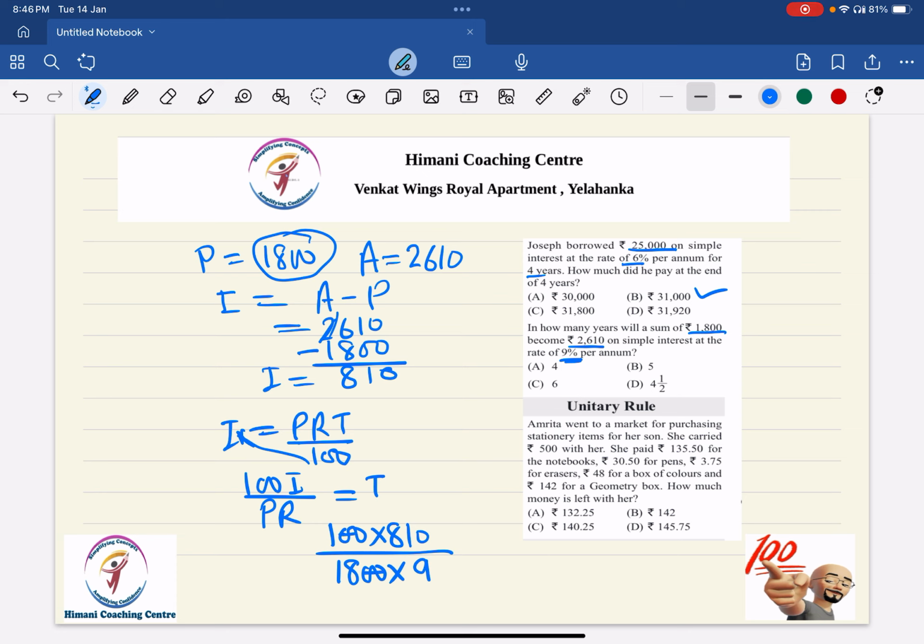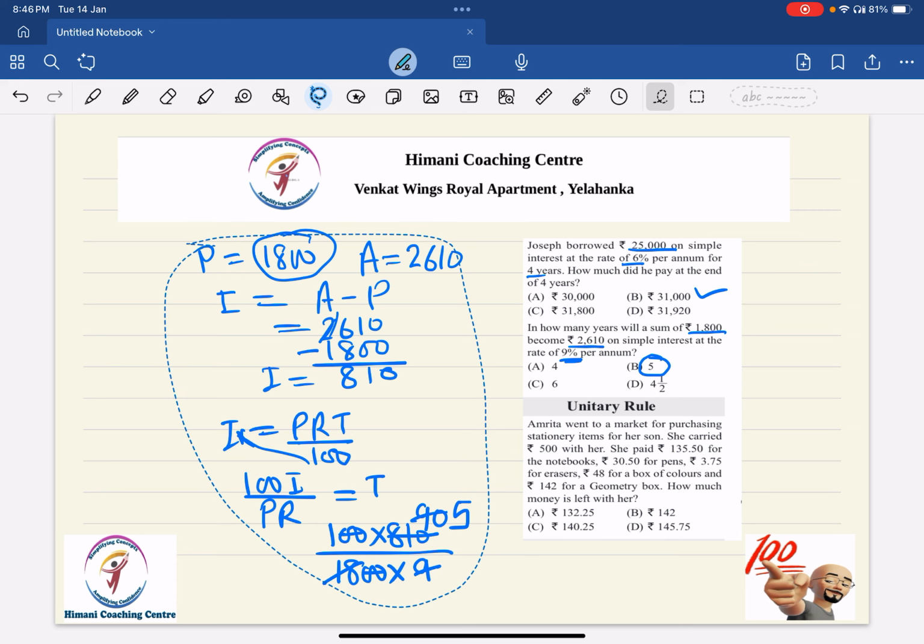Now these two zeros and these two zeros go. 9 times 9 is 81. This becomes 90, and 18 fives are 90. So in how many years? 5 years. This is how we solve this particular question.